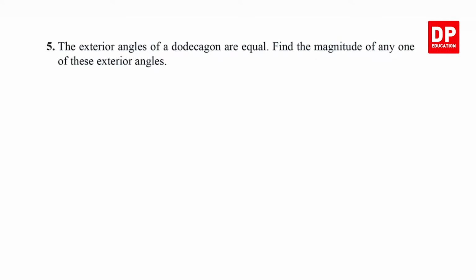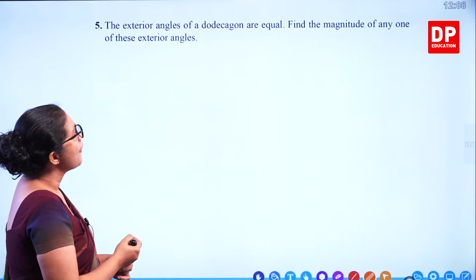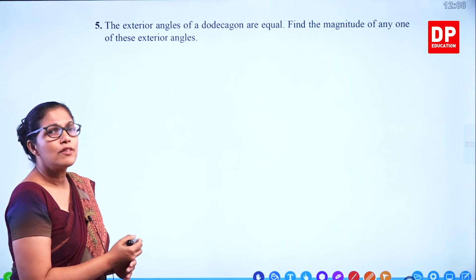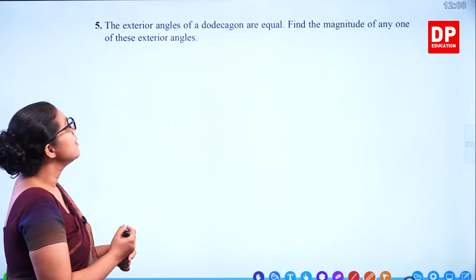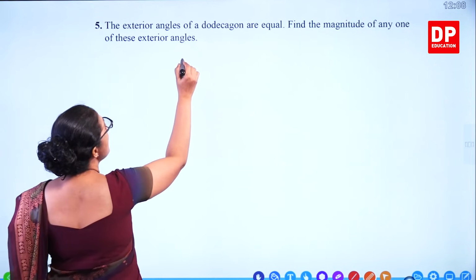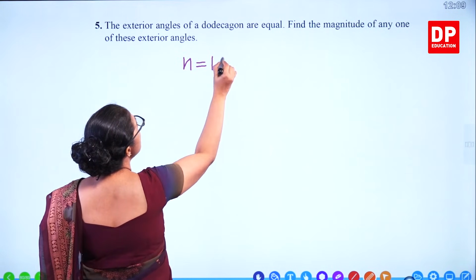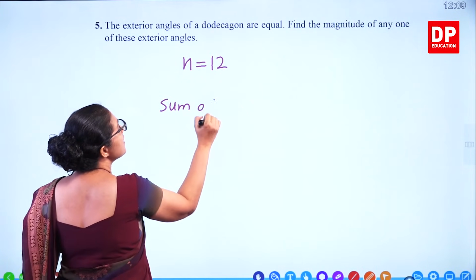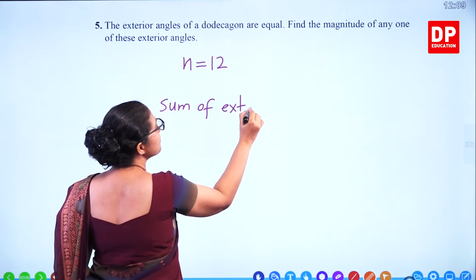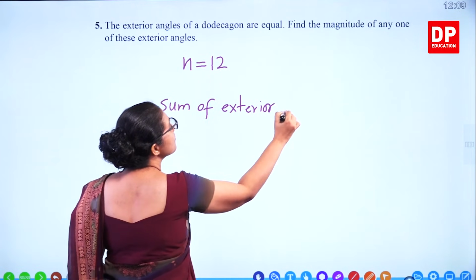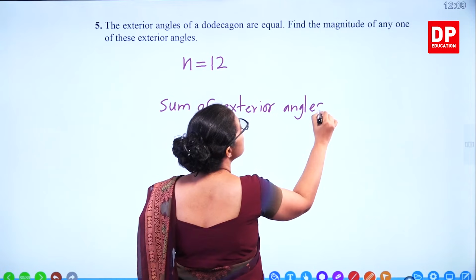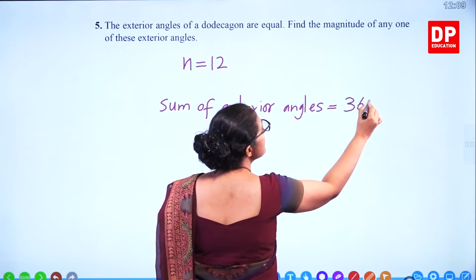The exterior angles of a dodecagon are equal. Find the magnitude of any one of these exterior angles. So dodecagon means n equals 12, a 12-sided polygon. So sum of exterior angles, we know that sum of exterior angles is 360.